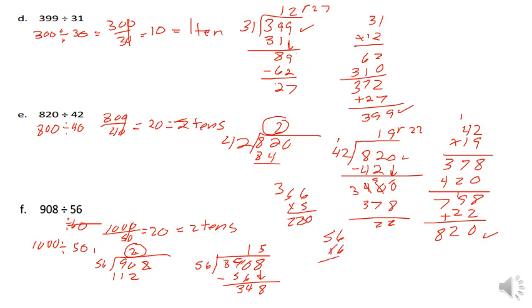Okay, I can see I still have some room. Let's try 6 times. 56 times 6, that'd be 36, 33. So I can see I can get 6 of them out of there. So I'm going to subtract 336, and I'm going to end up with 12. So I have 16, remainder 12.